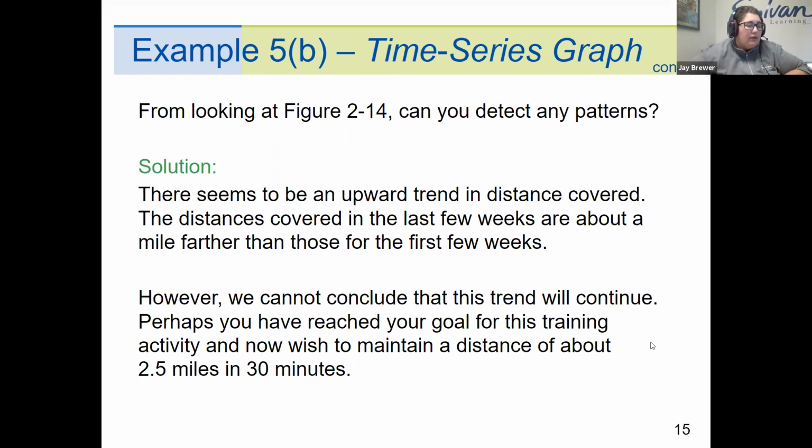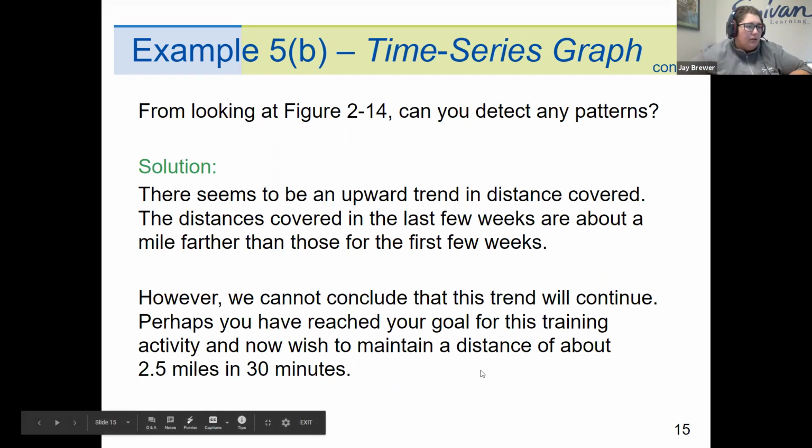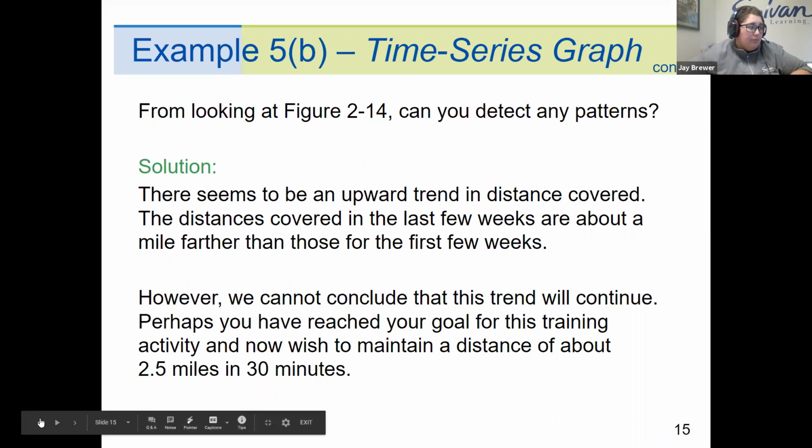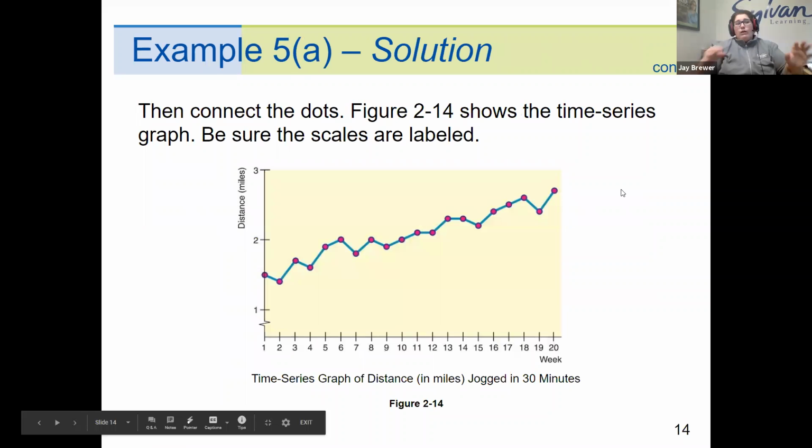All right, there seems to be an upward trend in distance covered, which we said. It does say here that distance covered in the last few weeks is about a mile farther than in the first few weeks, which just verifies what we said. However, you cannot conclude that the trend will continue. And that is true because we're only talking about half an hour.